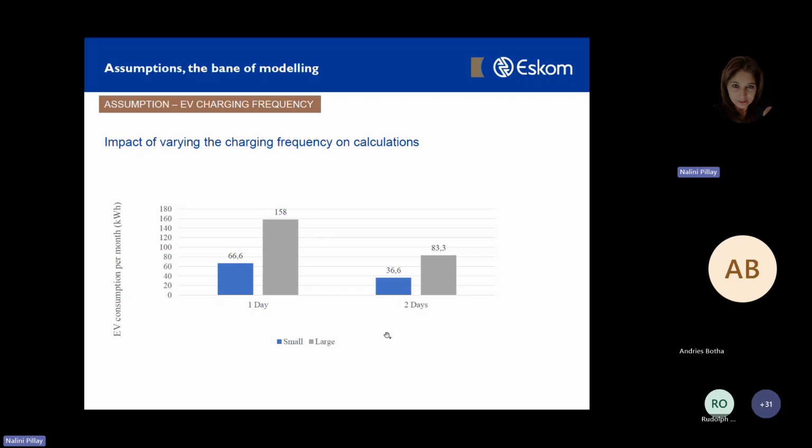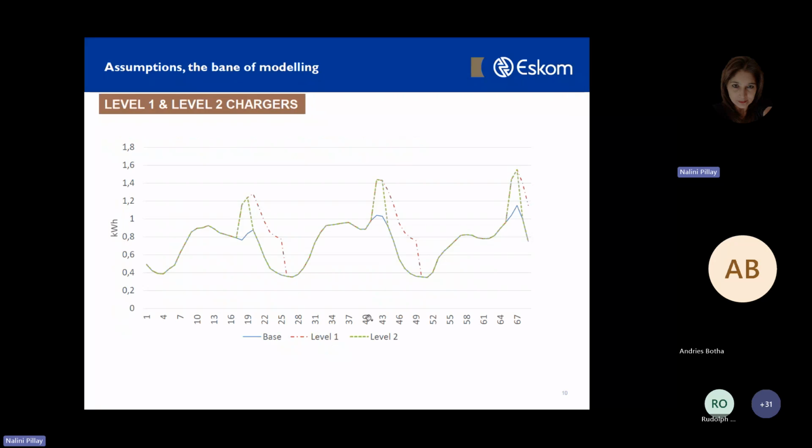And what we found just from talking to several people is that people don't actually charge every day. They charge every second day or so, and that as well can create quite an over-expectation in terms of what we think the consumption would be compared to what might actually be the situation.